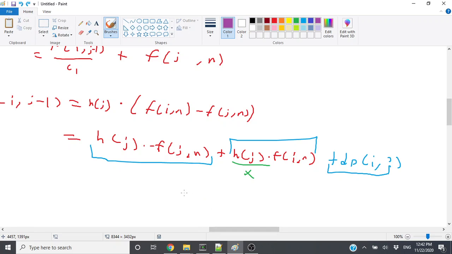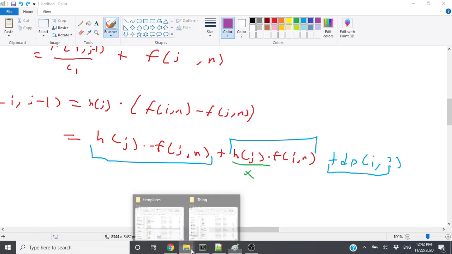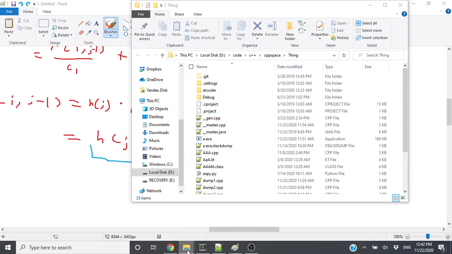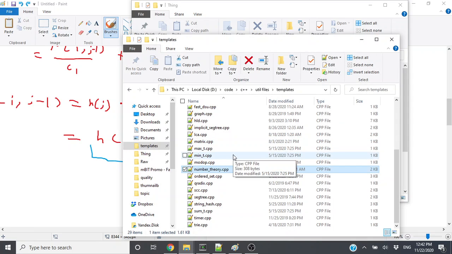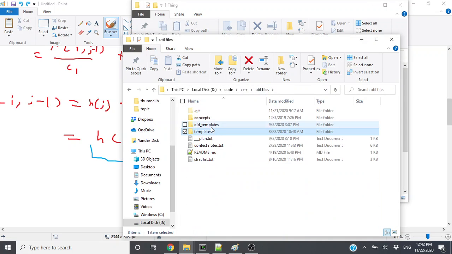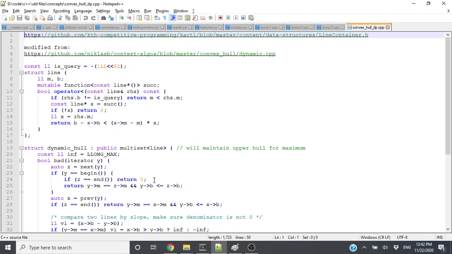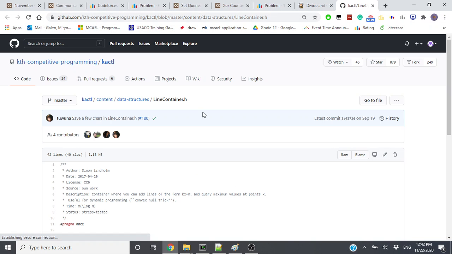Alright, this is going to be hard to implement, I believe. So first I can whip out the convex hull trick that I have. I can find a better one online. This one's specifically geared for doubles, which I'm not sure actually works. Let's see. Okay.